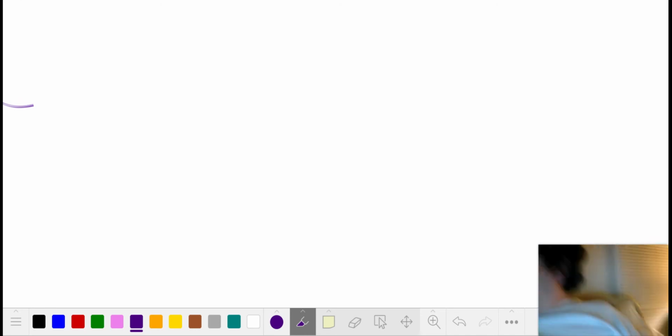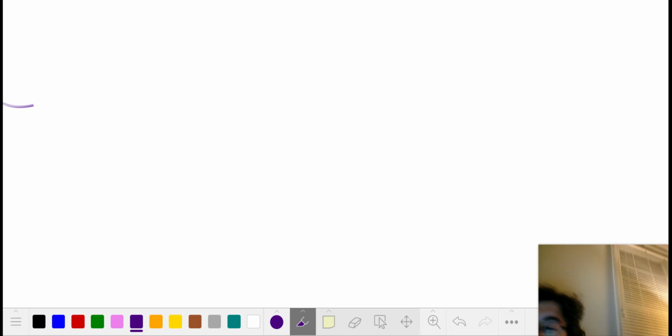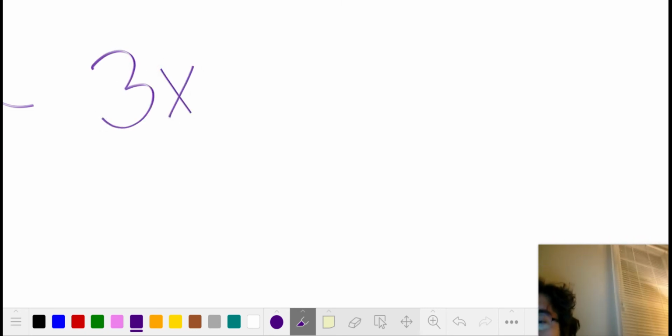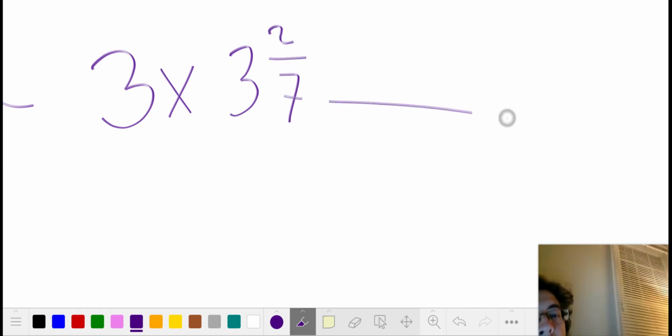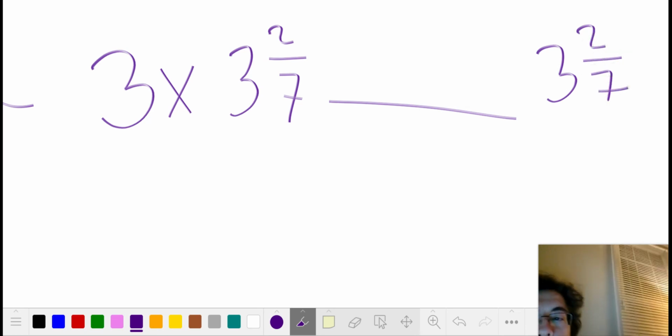Let's take a look at another problem here. Let's say I multiply a whole number by a mixed number. And again, the question is, will my product be more, less, or equal to 3 2/7?